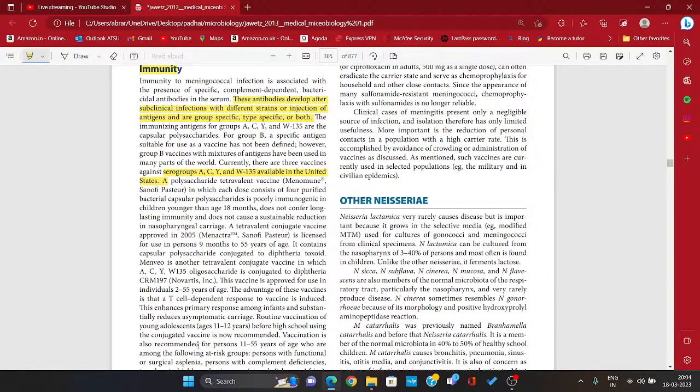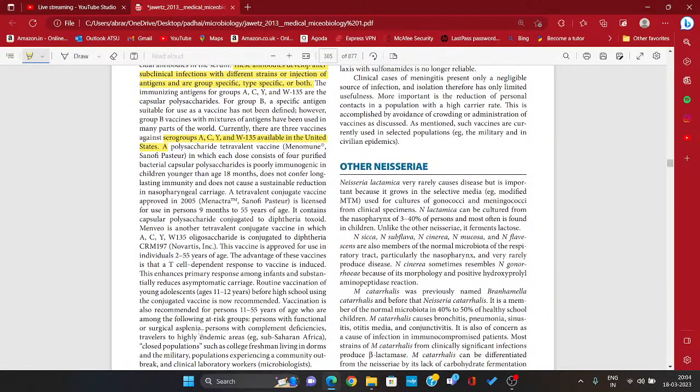Menveo is another tetravalent conjugate vaccine in which ACYW135 oligosaccharide is conjugated to diphtheria CRM197, Novartis. This vaccine is approved for use in individuals 2 to 55 years of age.